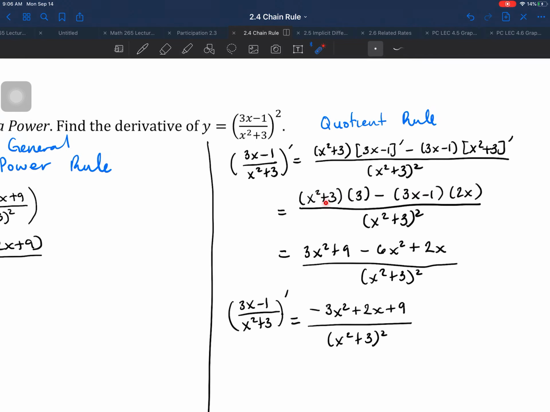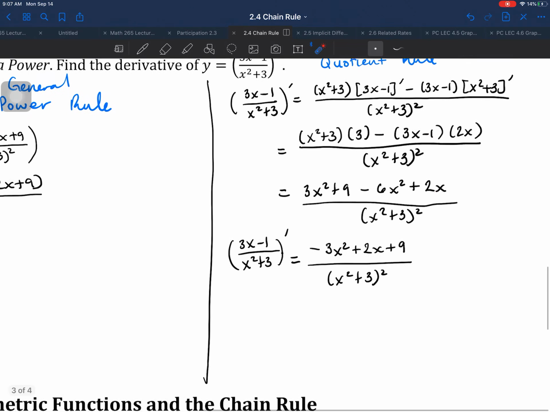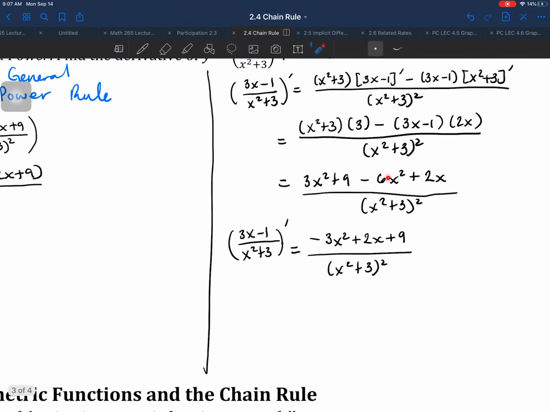So distribute that will give us 3x squared, 3 times 3 is 9. Distribute the 2x and the negative, so negative 2x times 3x gives us negative 6x squared. Negative 2x times negative 1 is positive 2x, and then combining like terms gives us negative 3x squared, followed by a 2x, followed by a 9, all over x squared plus 3 squared.